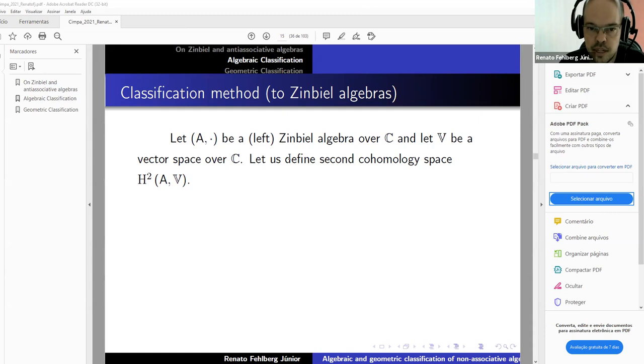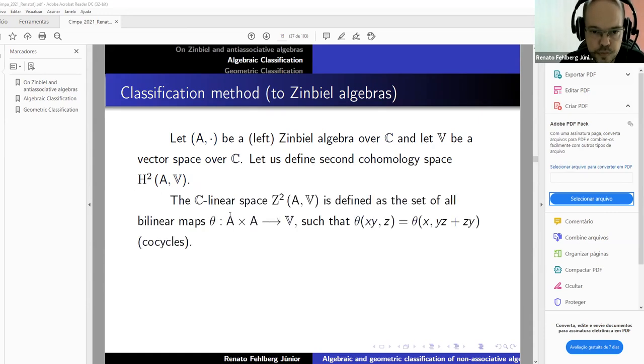The first part, let us define the second cohomology group, H2. First, we consider the space Z2 of cocycles, that is the set of all bilinear maps that satisfy this identity that's related with the identity of the Zinbiel algebra.